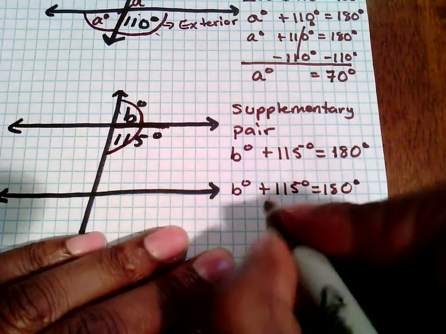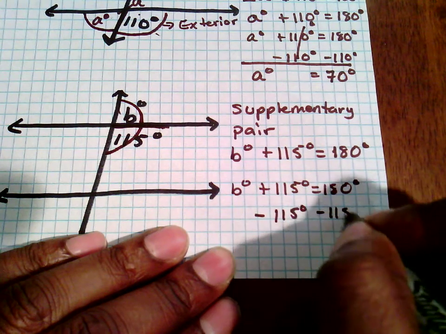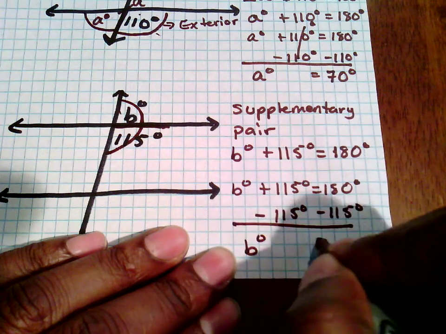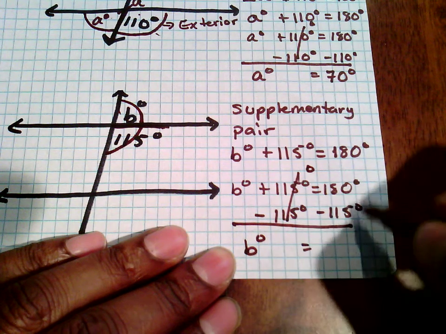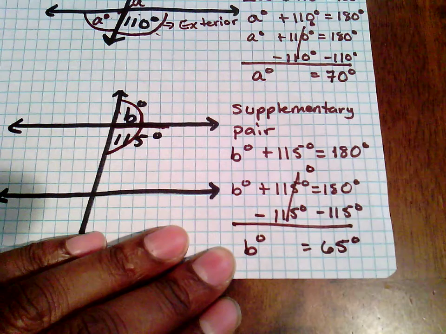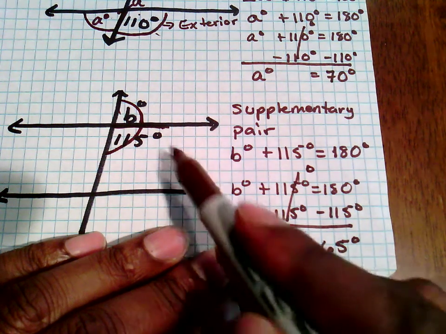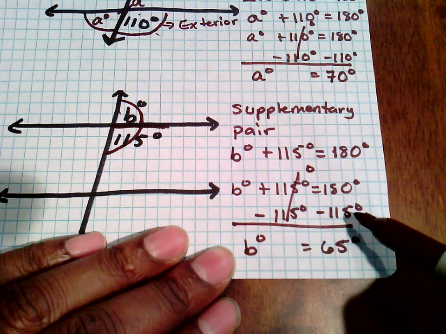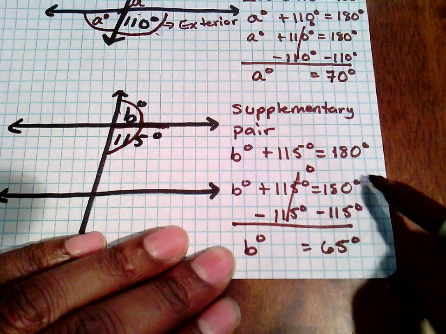So we're going to begin by subtracting 115 degrees on both sides. The 115 will cancel, and 180 minus 115 will give me 65 degrees. So the B degree angle must be 65 degrees. And if you go back and add 65 plus 115, we do get a sum of 180 degrees.